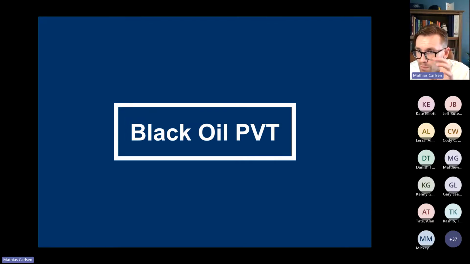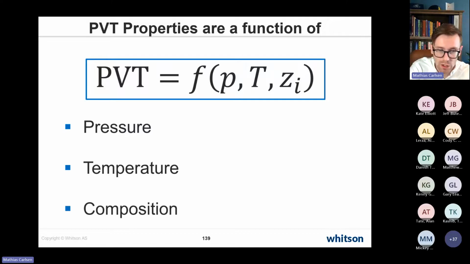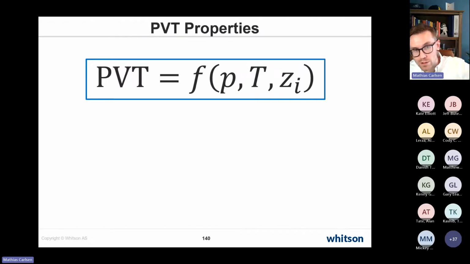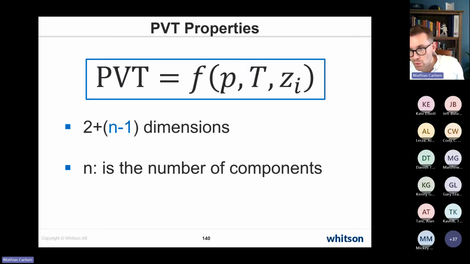If you think about the PVT properties in general, pressure and temperature and composition are the inputs to the model. It's a super complicated space. It has 2 plus n minus 1 dimensions, where n is the number of components. So if you have 50 components, you probably have thousands of components really in these fluids.